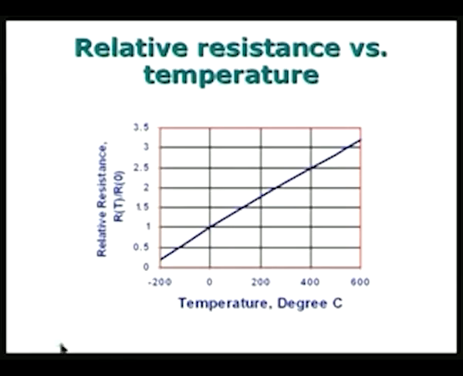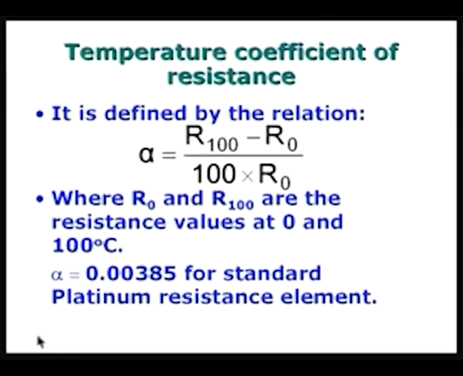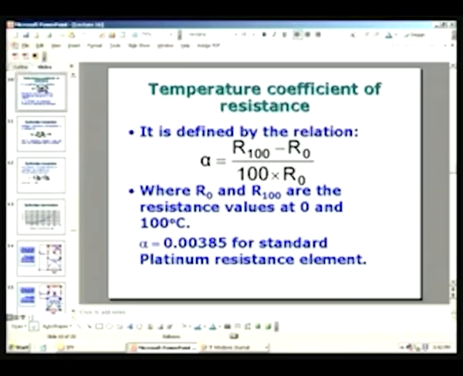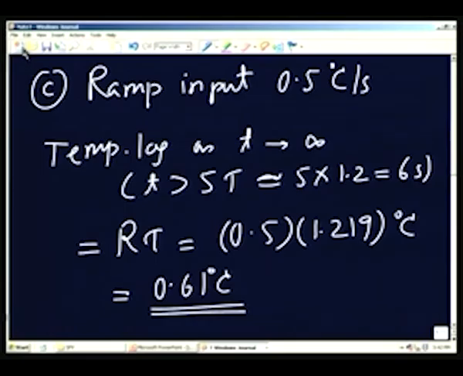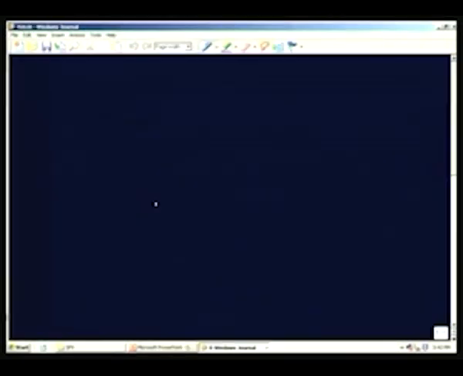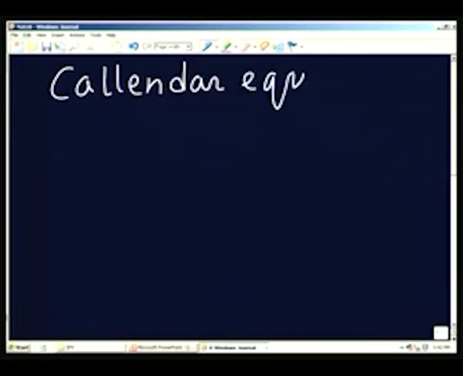This aspect I will cover on the board. I will give a little discussion and indicate how we are going to take into account this non-linearity by looking at what is called the Callendar equation. I will derive this equation in a very simple fashion, and I will indicate the steps.